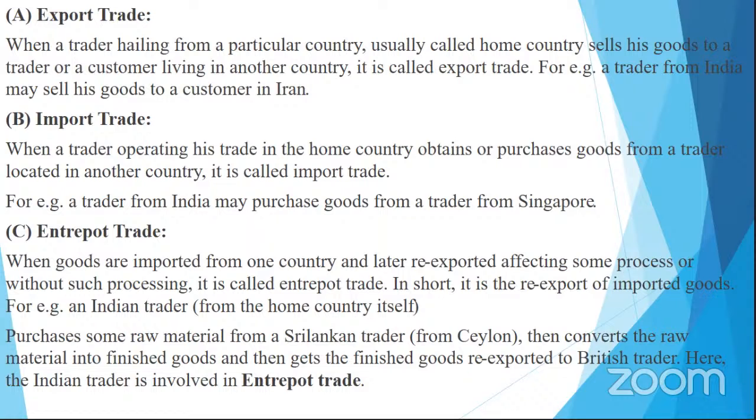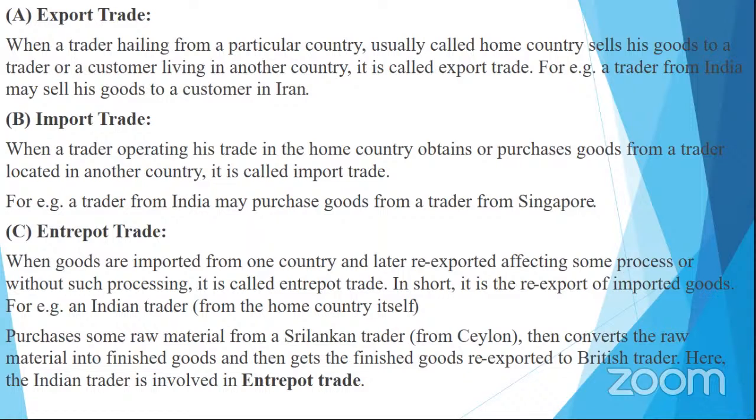For example, if you want to produce some goods, let's take cars as an example. The spare parts of the cars we can import from different countries, and then we can combine them and make a product, and then that product can be exported to other countries.